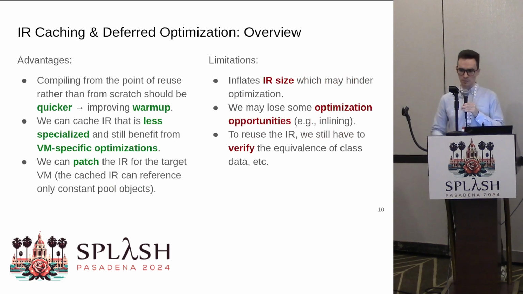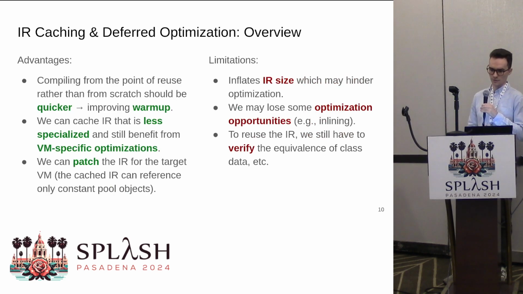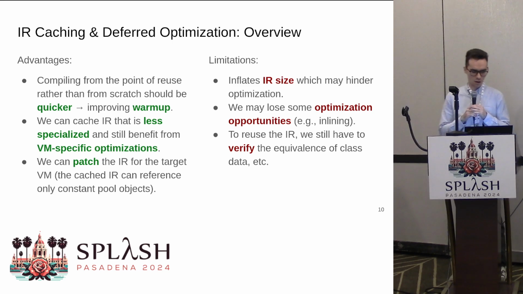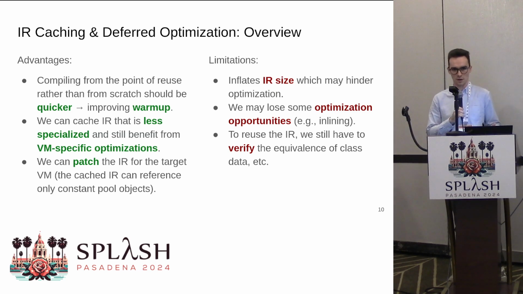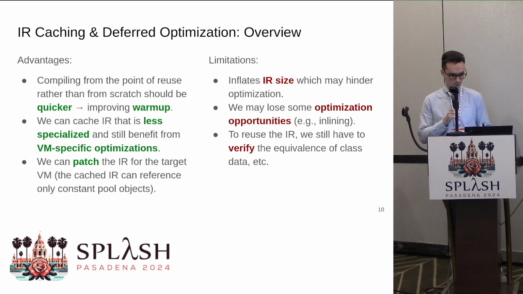To sum up this idea of IR caching and deferred optimization, compiling from the cached IR at the point of reuse should be much quicker than compiling from scratch, which should lower the compilation latency, which should in turn improve warmup.